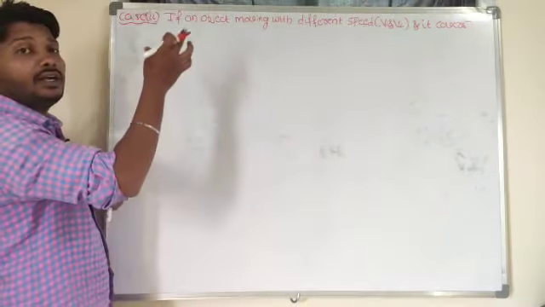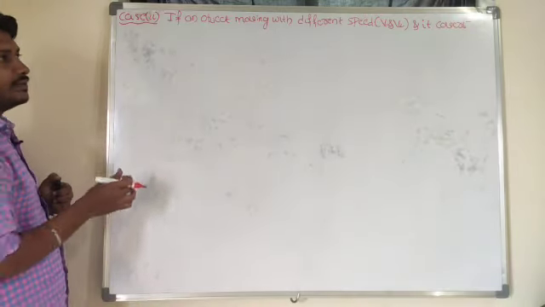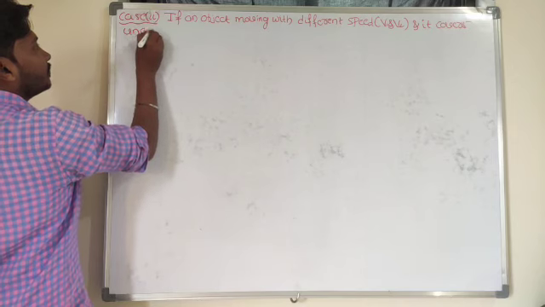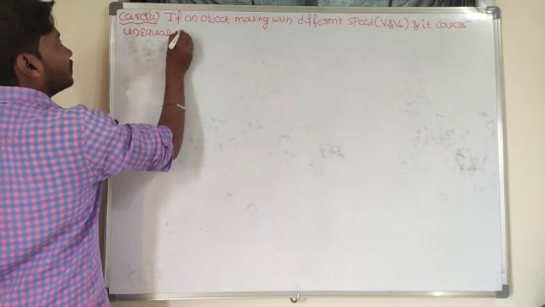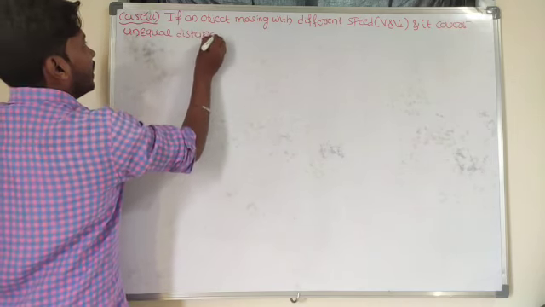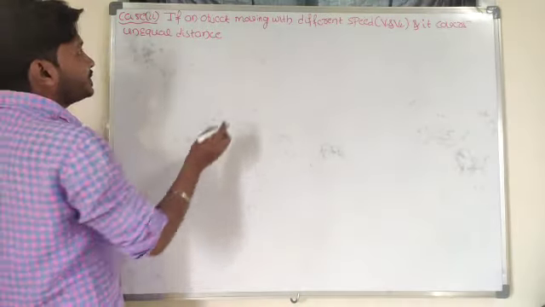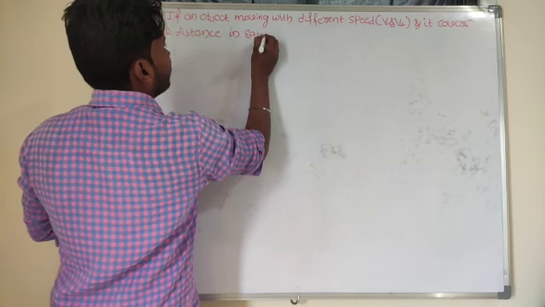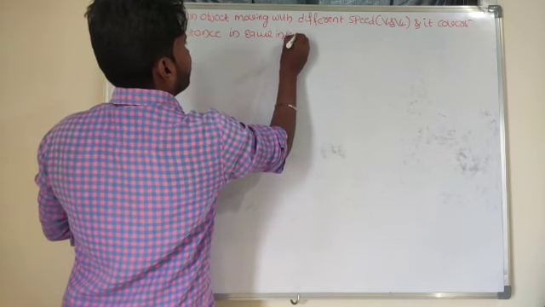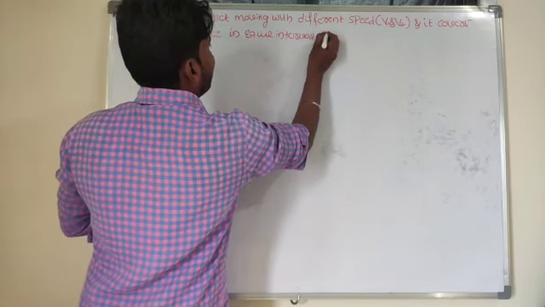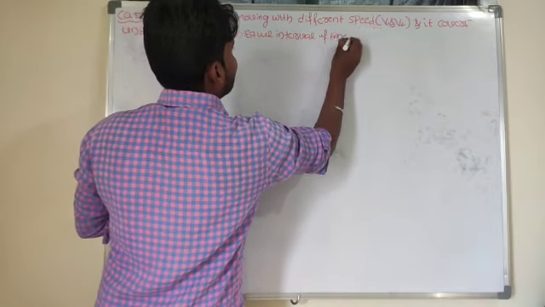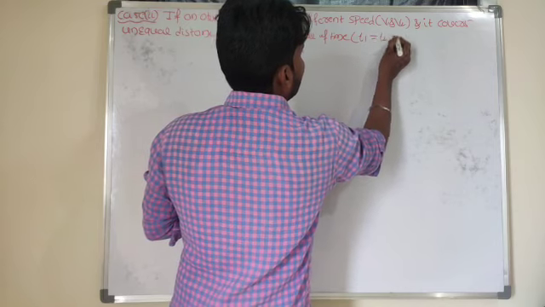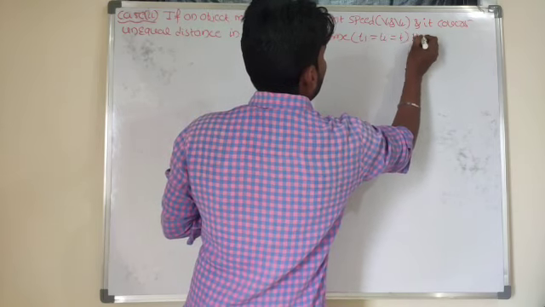In the first case I took equal distance, in the second case I will take that it covers unequal distance in equal intervals of time. In that second case, the quantity I took as constant is the same here: T1 is equal to T2 is equal to T.